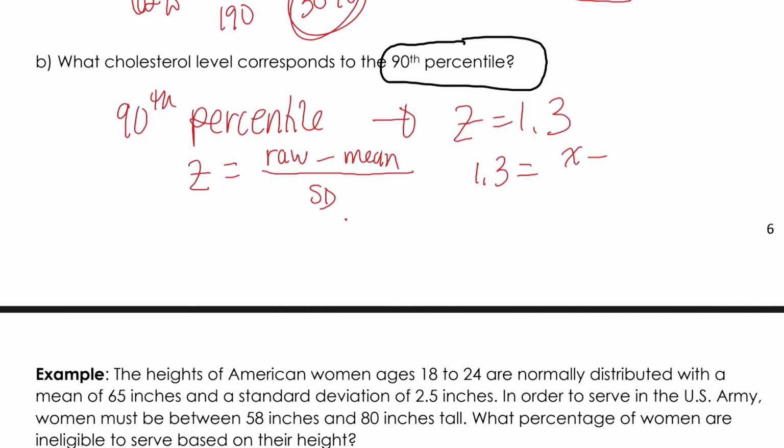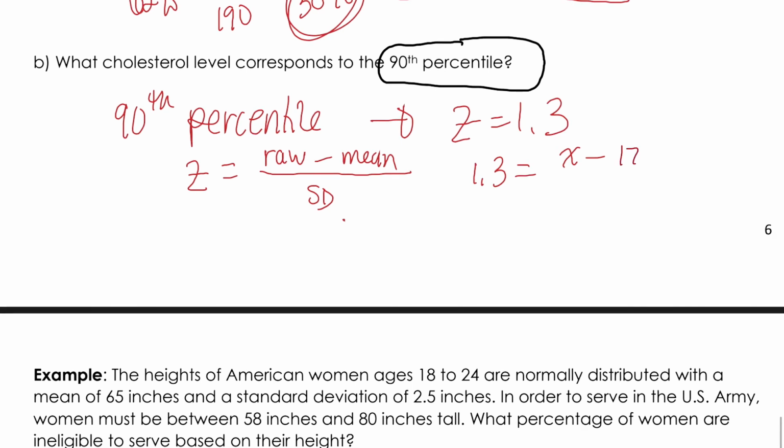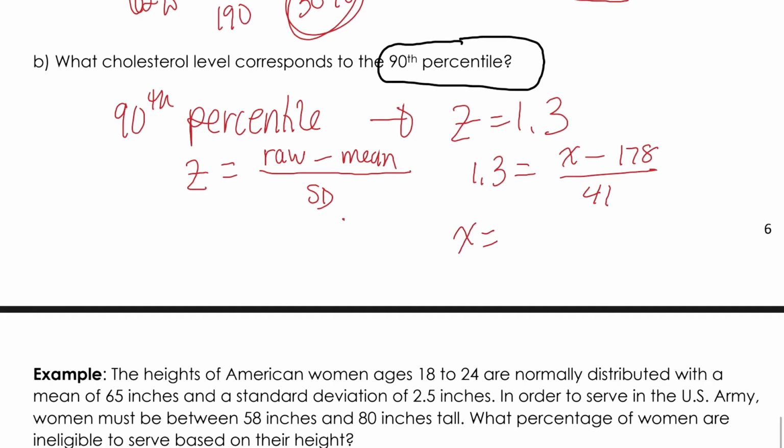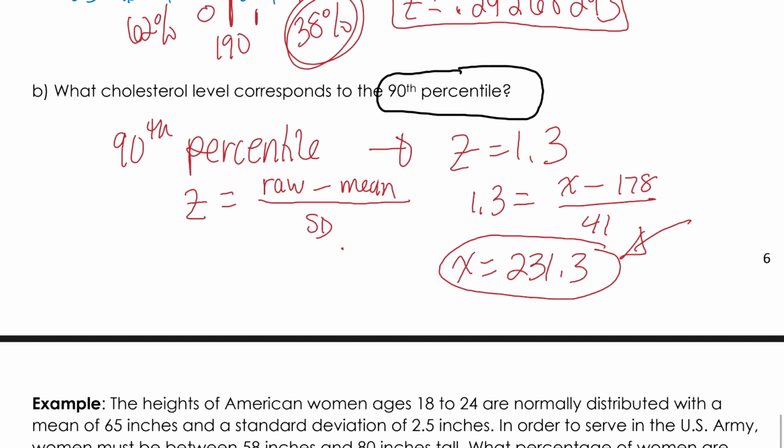I'm going to subtract the mean, which was 178, and divide by the standard deviation, which was 41. And I can solve for x now. When I solve for x, I get 231.3. So that means approximately 90% of men between 18 and 24 have a cholesterol level at or lower than 231.